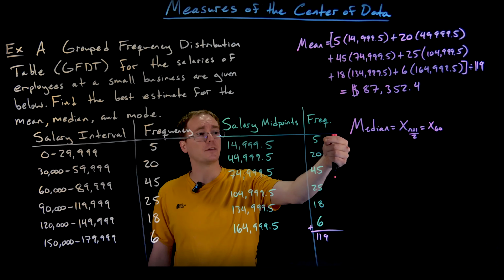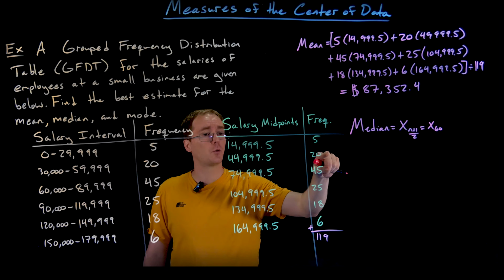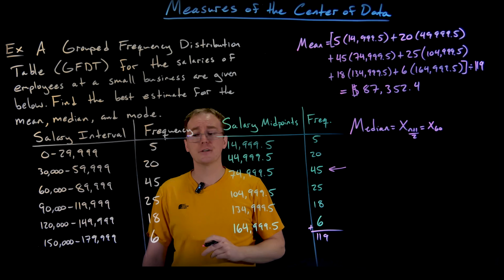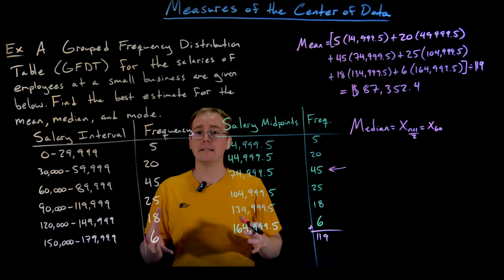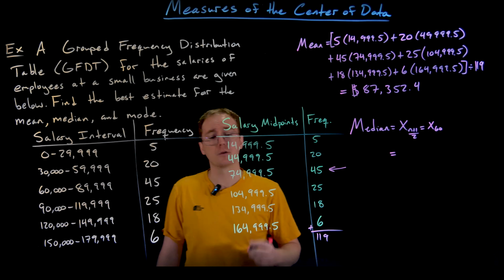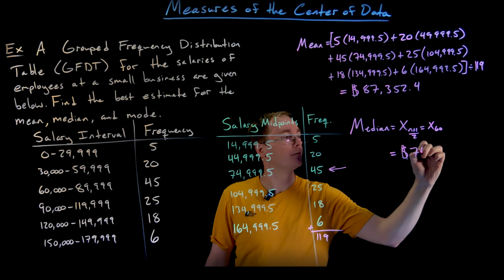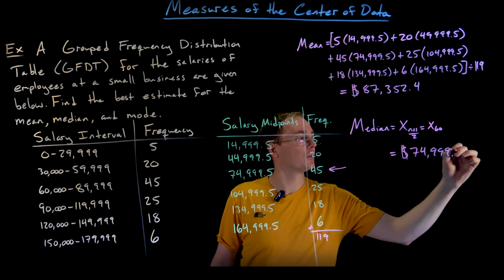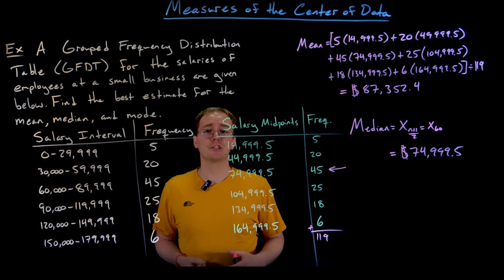Well, the first 5 are in that first interval, with an average salary of about $15,000. 25 gets us here, and we're trying to get up to 60. So somewhere in this third interval from 60 to 89, or just about 90,000, will lie the median employee's salary. And so we're going to say that the best estimate for the median employee salary is $74,999.50.